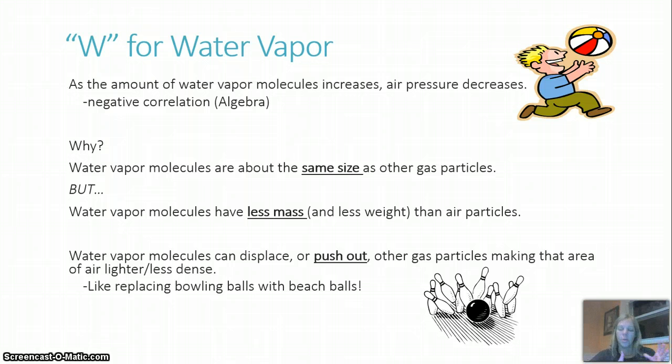Consider a water molecule being the weight of a beach ball, and then a bowling ball that's the same size as the beach ball representing other gas particles. So the weight of the bowling ball or other gas particles is much more, even though their size are similar. If you have a lot more beach balls in an area, then that's making that air less dense, and therefore the air pressure is less.